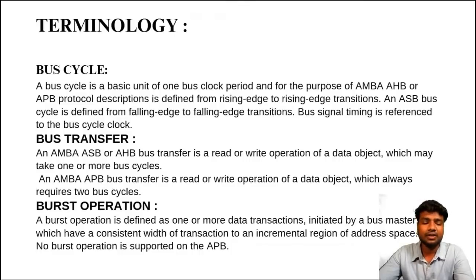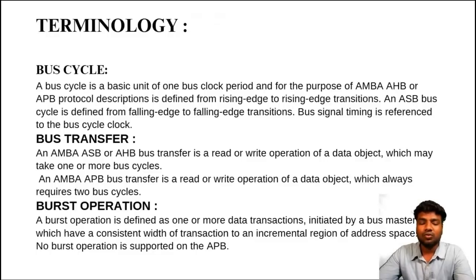And then let's see the burst operation. Burst operation is defined as one or more data transmissions initiated by the master. So if you want to transmit data from master to slave, only the master will initiate. Only the master will start the communication. This is a burst operation, which is constrained to transactions within an incrementing region of address space.